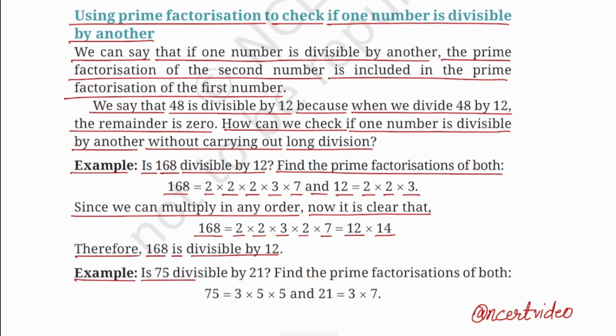Example: is 75 divisible by 21? Find the prime factorizations of both. 75 is equal to 3 into 5 into 5 and 21 is equal to 3 into 7.